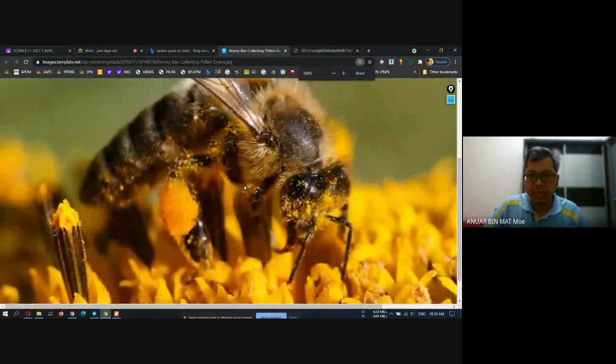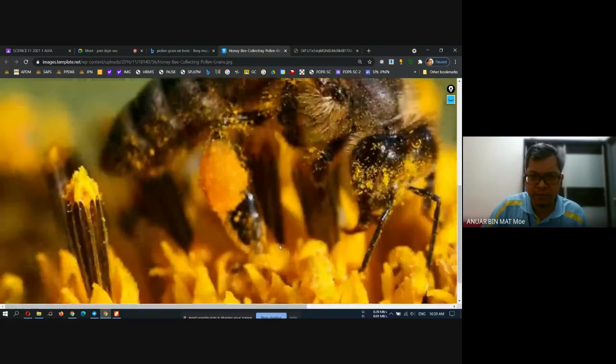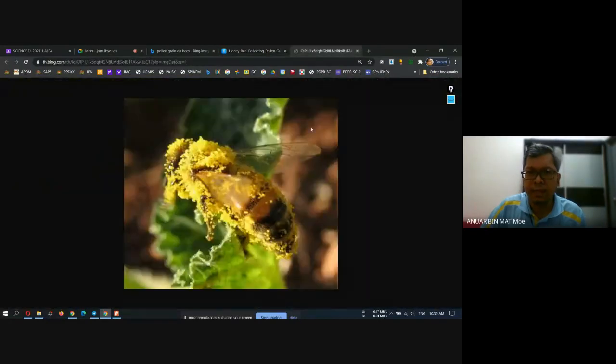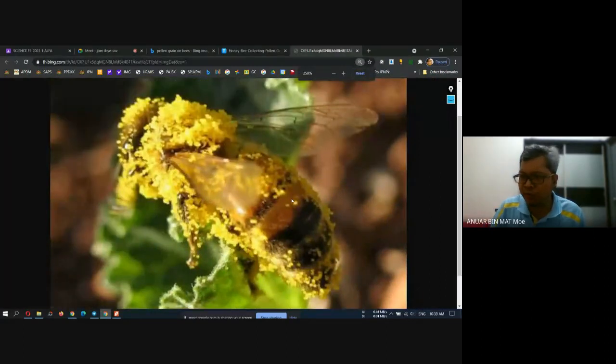Can you see the red pollen grain, just like dust sticking on the bee there? Can you see it? Yes. This is pollen grain. And then this is another picture. You can see the bee here is covered with pollen grain.